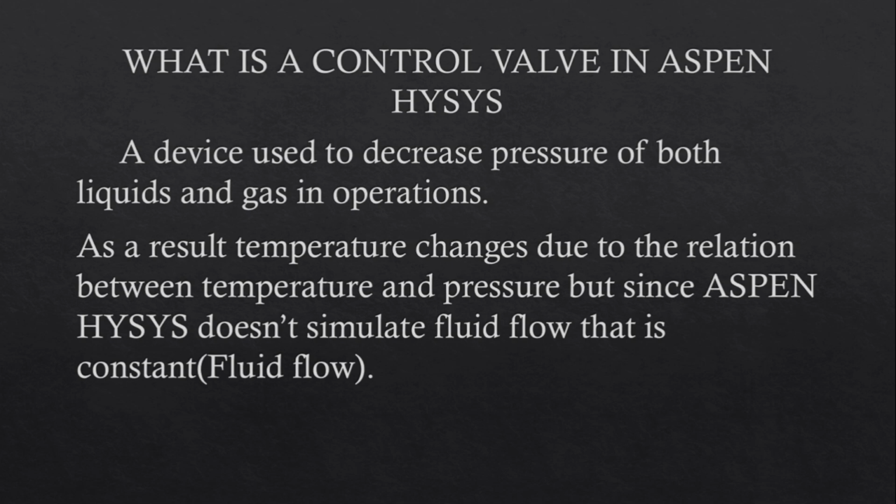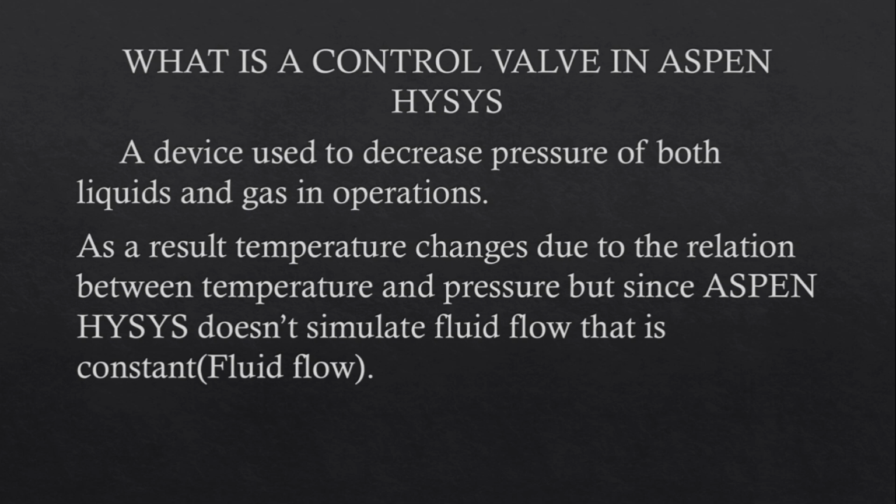So, as a result, temperature changes due to the relationship between temperature and pressure. Like we said earlier, the relationship is sometimes direct, sometimes indirect. But since ASPEN HYSYS doesn't simulate fluid flow, this is constant.